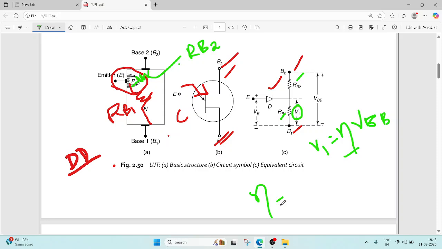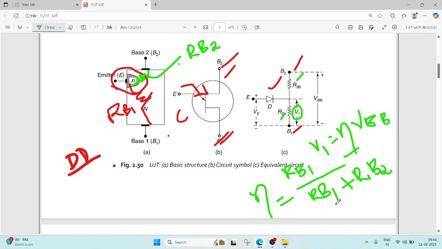This eta is equal to RB1 by RB1 plus RB2.